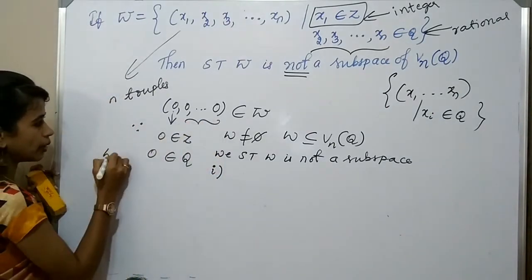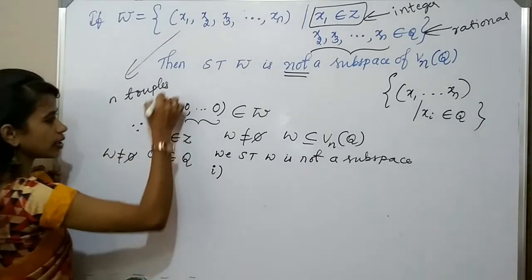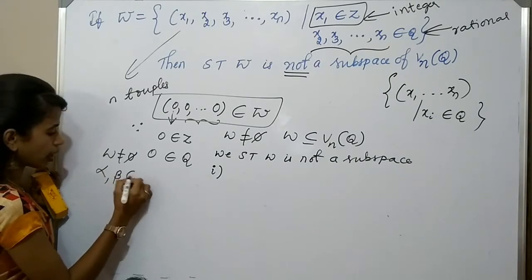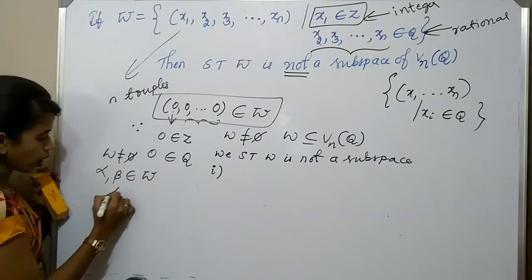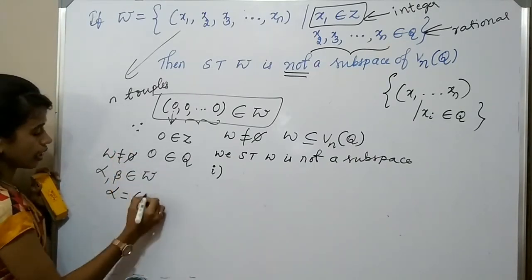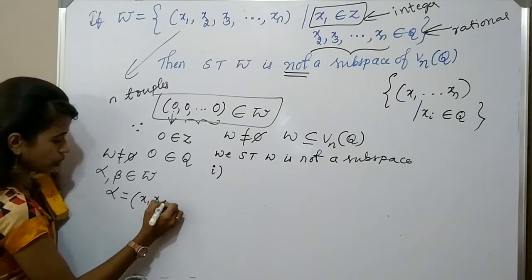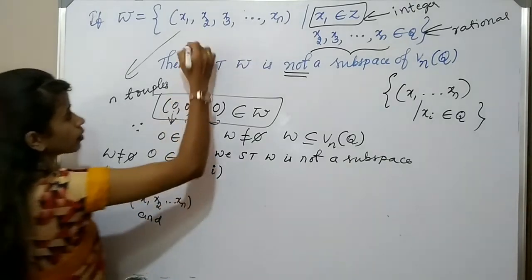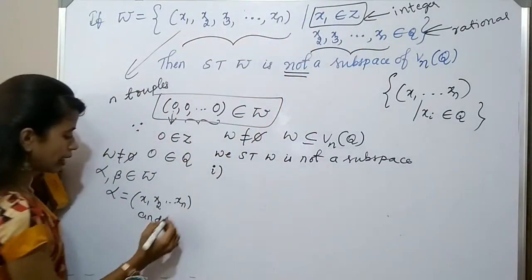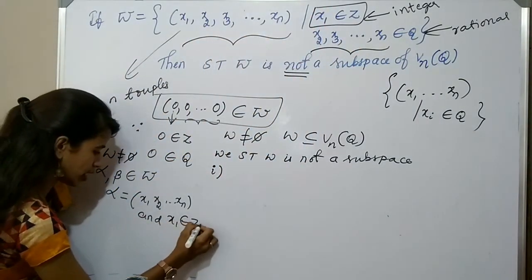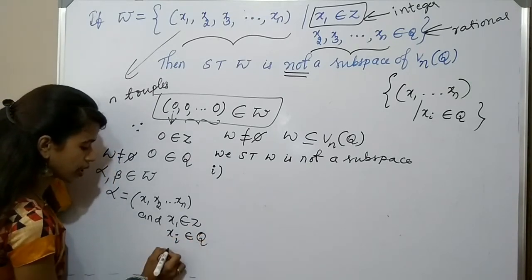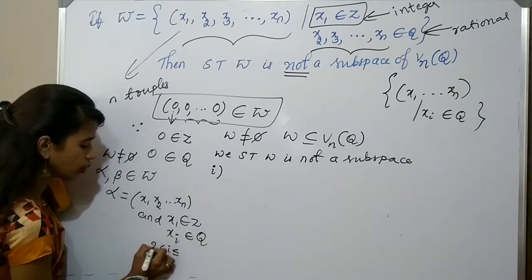Since W is non-empty, we can choose two elements, alpha and beta, belonging to W. So alpha looks like x1, x2, so on, xn, and what is the condition? The first coordinate must be an integer, and the remaining coordinates must be rationals, where i is from 2 to n.